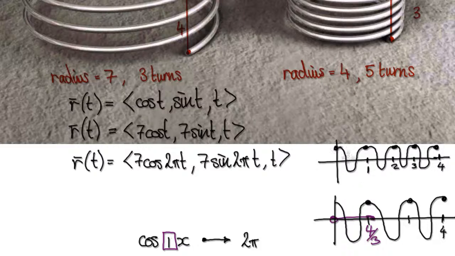At the moment, we've got 4 cycles. We don't want 4 cycles in 4 seconds. We want 3 cycles in 4 seconds. So we want to determine this coefficient here and here in such a way that it will give us a period of 4/3. Okay, I will continue in the next video.